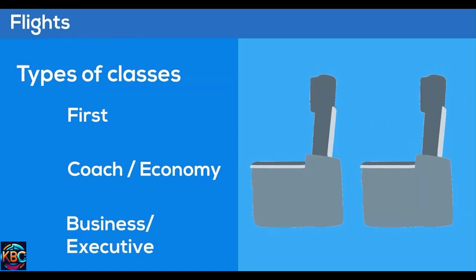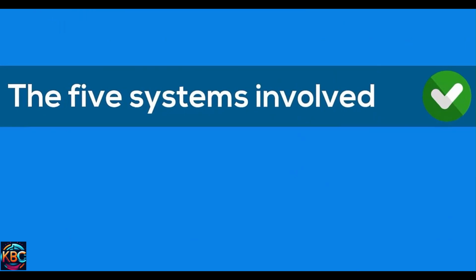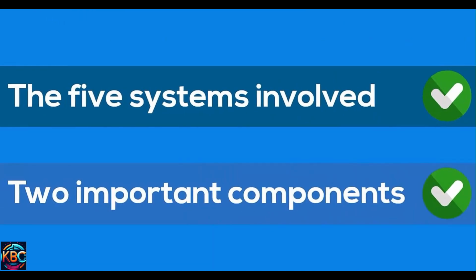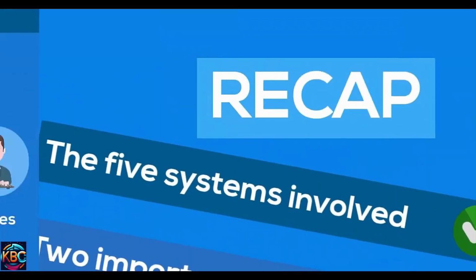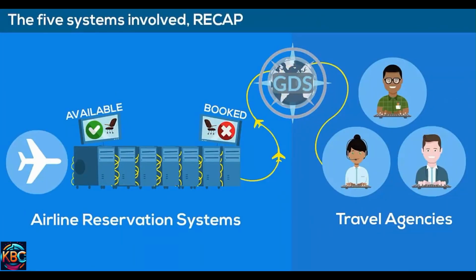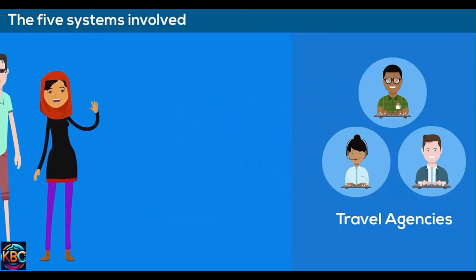Now that you understand more about the systems that work with airlines and the important components to know when booking a flight, let's do a quick recap of what we have learned. In order to book a flight, a GDS takes the available flights from an airline reservation systems and makes them available to travel agencies. The travel agencies sell the flights to travelers.